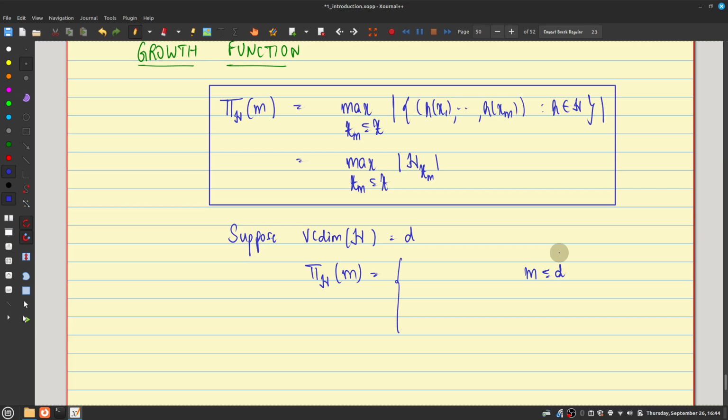Because there exists at least one set of size m which is shattered by h, and you're taking the maximum over all possible sets. So it should be 2 to the power m. What can you say about m greater than d? Something which is strictly less than 2 to the power m, but you can't conclude anything beyond that.